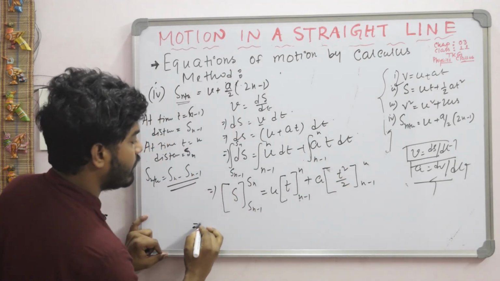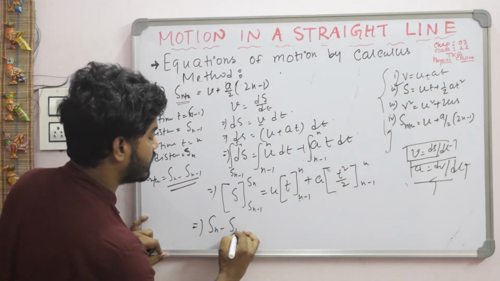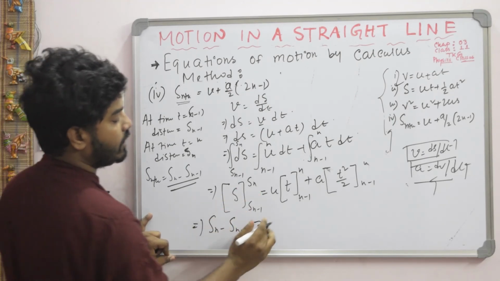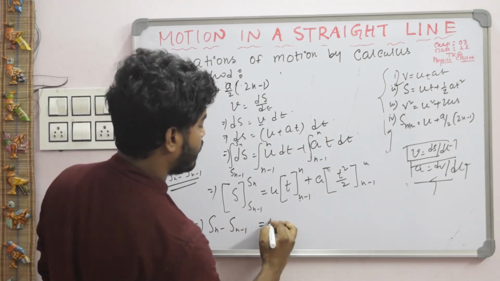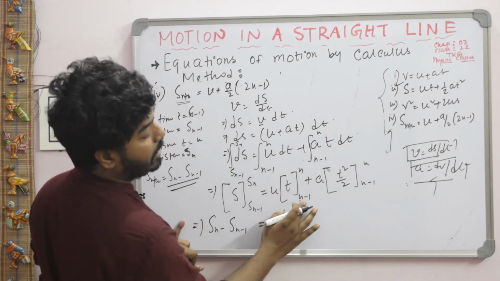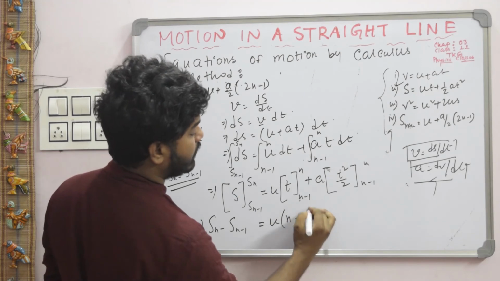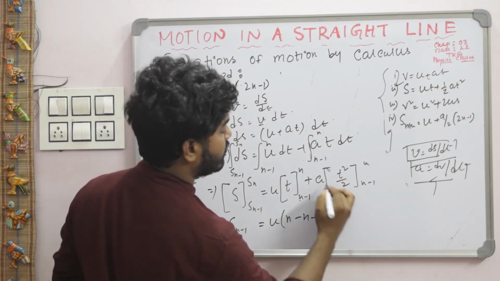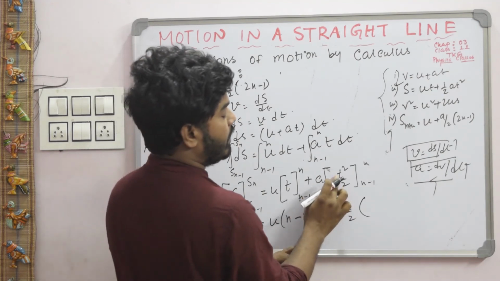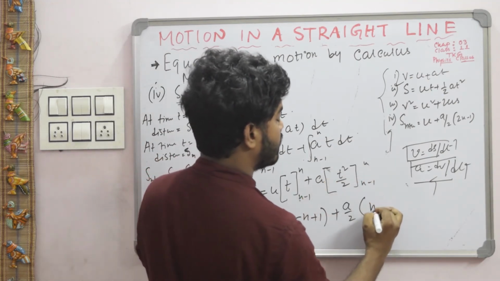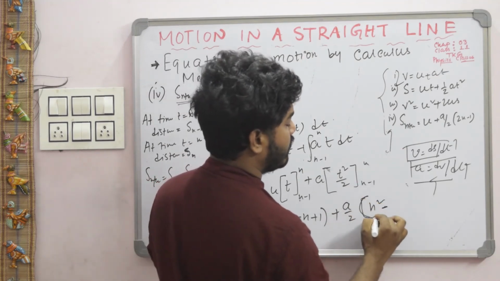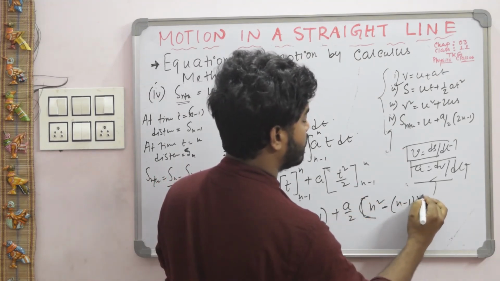Now simplify, this becomes s n minus s n minus 1, upper limit minus lower limit, then u at first the upper limit n minus the lower limit n minus 1, plus a by 2, and in the place of t square you write n square minus n minus 1 the whole square.